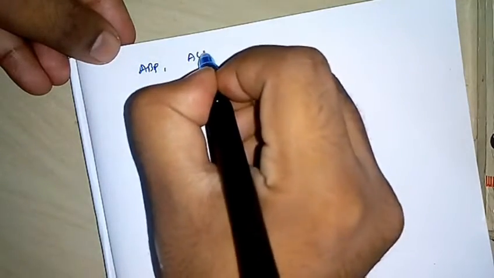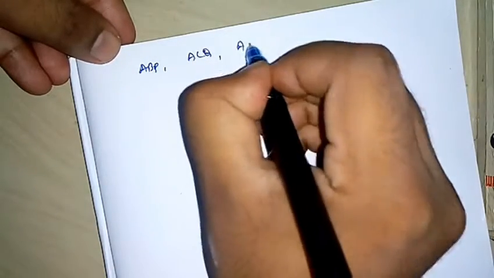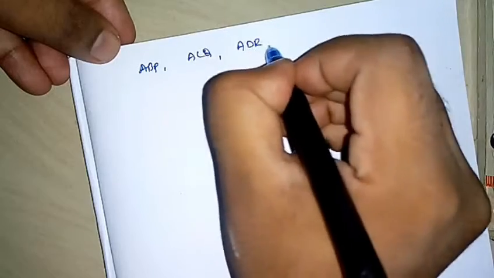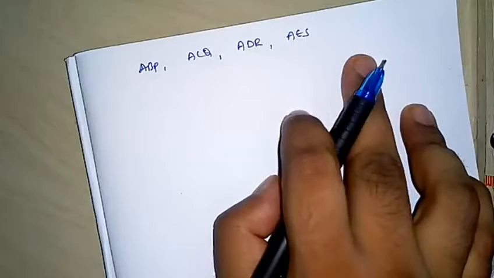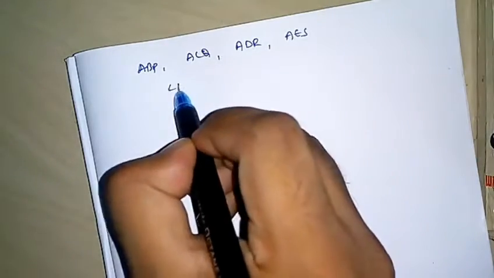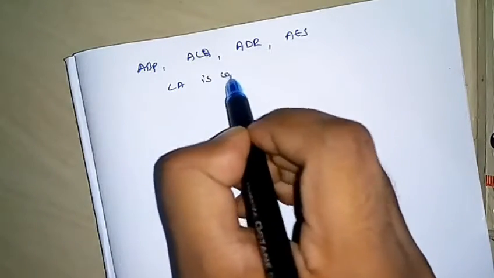Next we are defining trigonometric ratios. So if you observe triangles ABP, ACQ, ADR, AES, in these triangles, angle A is common.